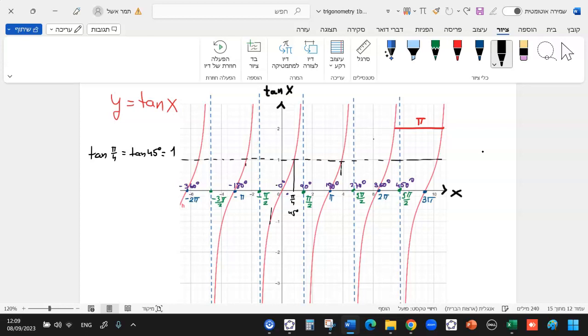You can see it also here on the third quadrant. This is 5 pi over 4 or 225 degrees. And also here, this is minus 3 pi over 4, minus 7 pi over 4, all tangent equal to 1.